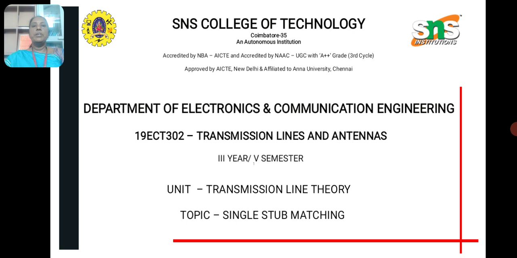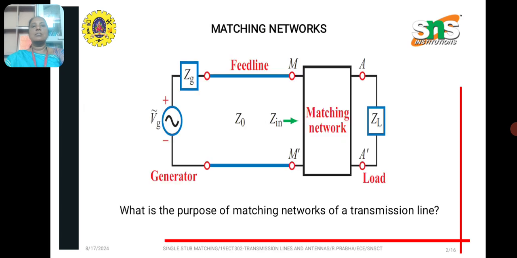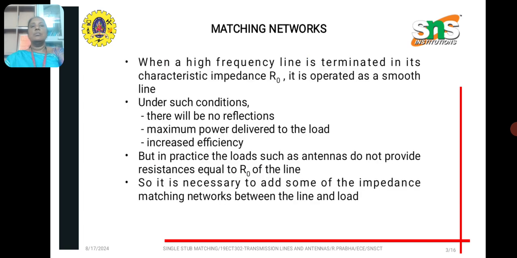In this video, we are going to see the topic single stub matching for the course transmission lines and antennas. So, in the diagram, we have a matching network. We know the purpose of matching networks of a transmission line. When a high frequency line is terminated in its characteristic impedance, it is operated as a smooth line.